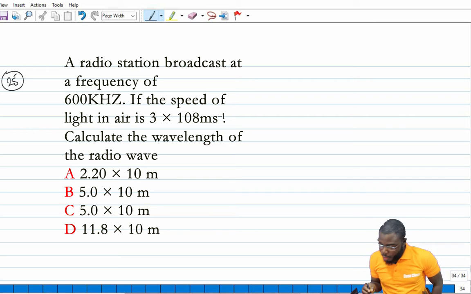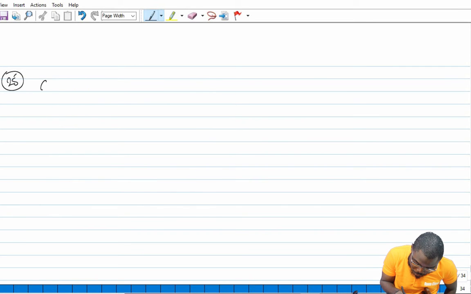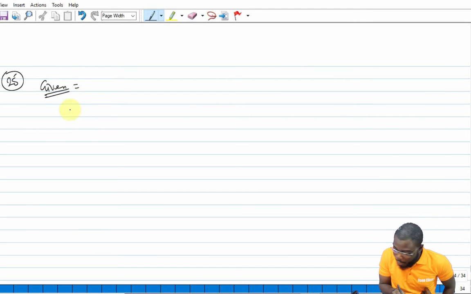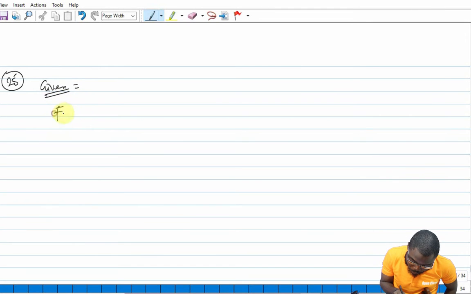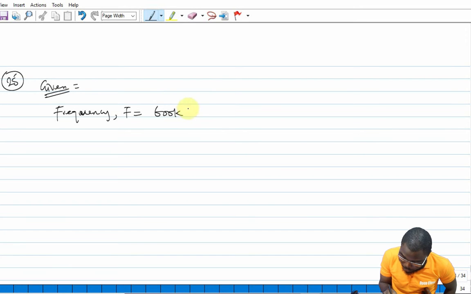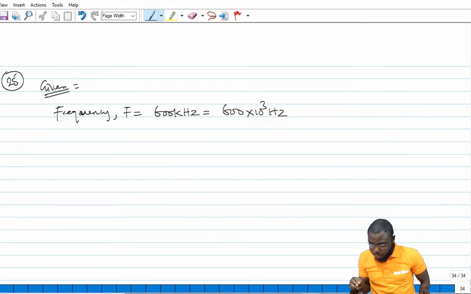So we're given frequency f equals 600 kilohertz. This is the same thing as 600 times 10 raised to 3 hertz, kilo is 1000.